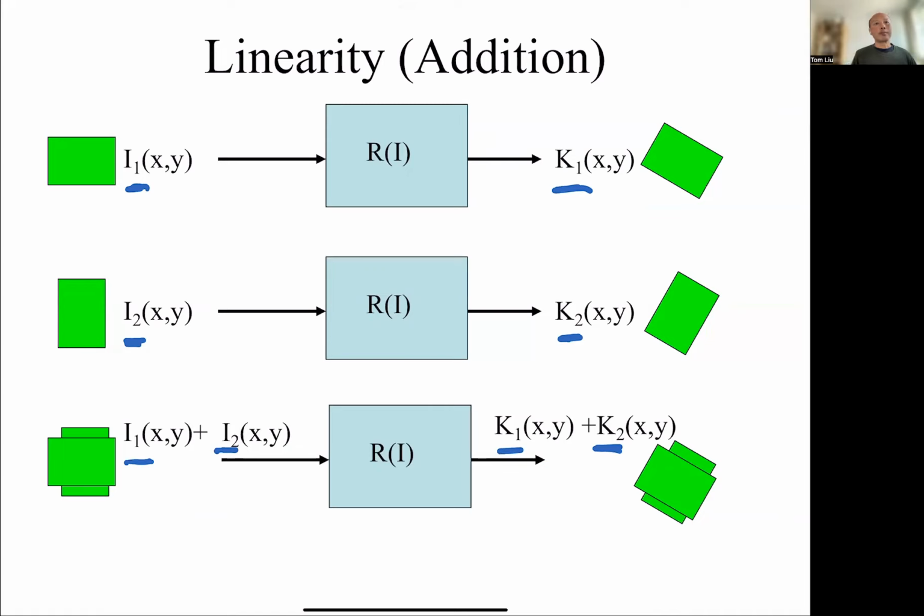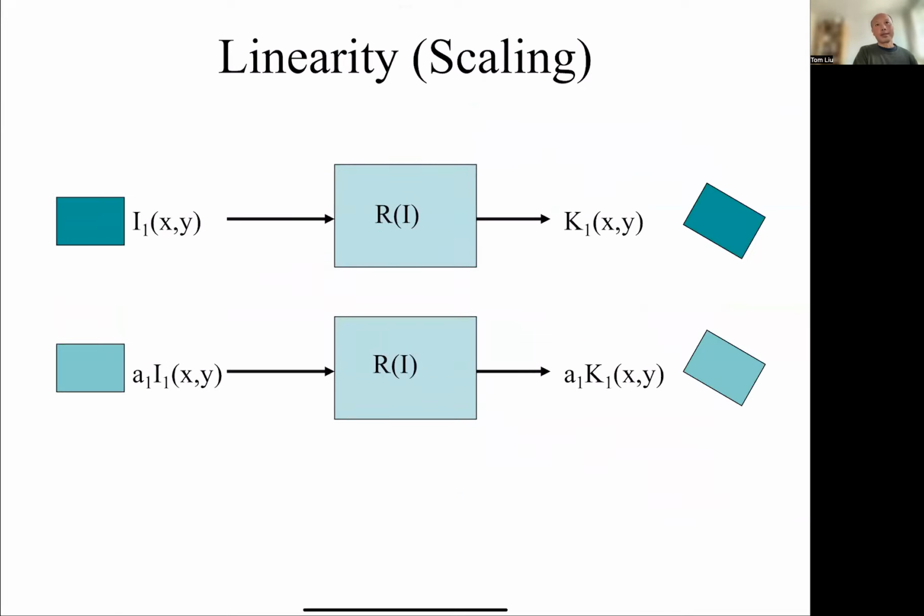If a system satisfies that property, then it's linear. Some of you might remember this from linear algebra for vector spaces, and it's a similar concept. The other property is scaling. Here I have I1 and it gives me K1. If I multiply I1 by some scalar A sub 1, then my output should be multiplied by that same scalar, and if it does that, it satisfies scaling.